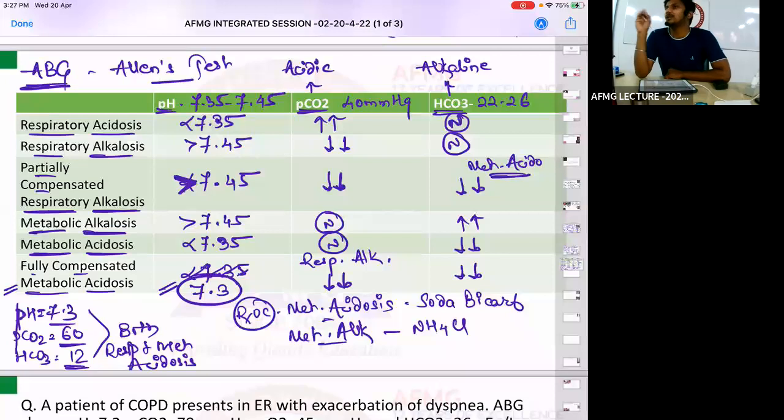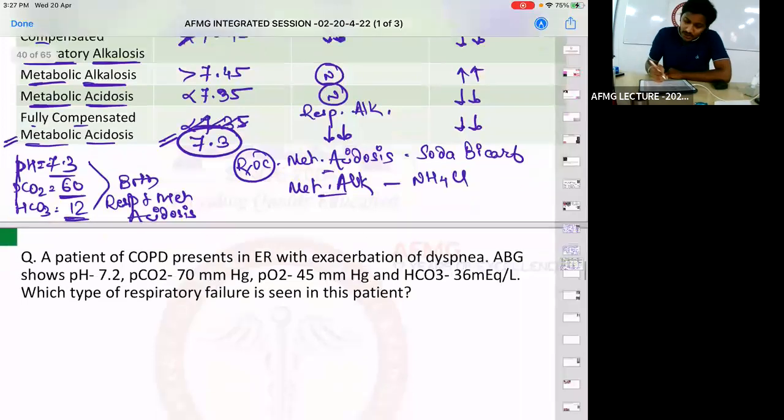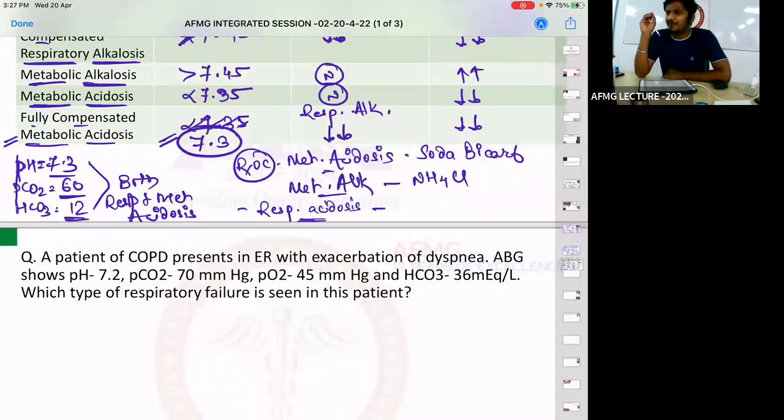This question has come repeatedly, 2-3 times. A COPD patient comes to you in exacerbation. Definitely he has features of respiratory failure. Now the patient is presenting with respiratory acidosis. What should be your treatment? Whether it is respiratory acidosis or respiratory alkalosis, usually we will try to perform non-invasive ventilation.